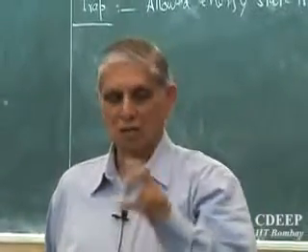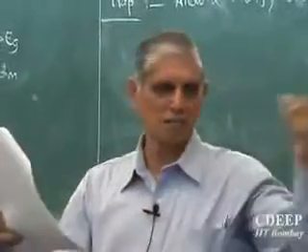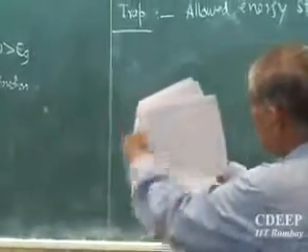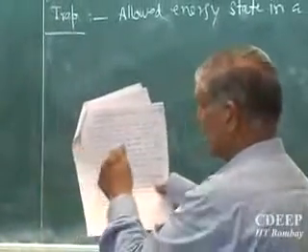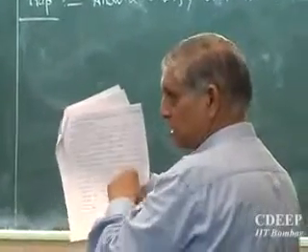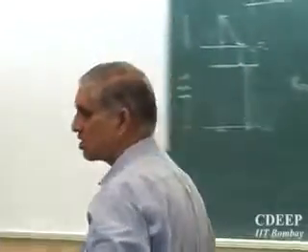Let's say this is a sphere trying to capture a carrier, or a circle, and a carrier is coming to be trapped. The area in which it can be captured is called the cross-sectional area.